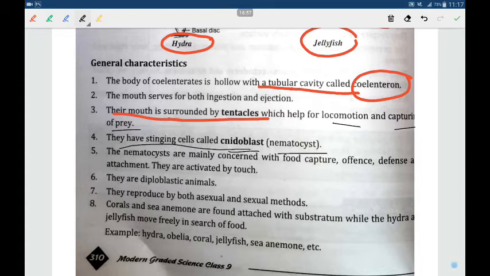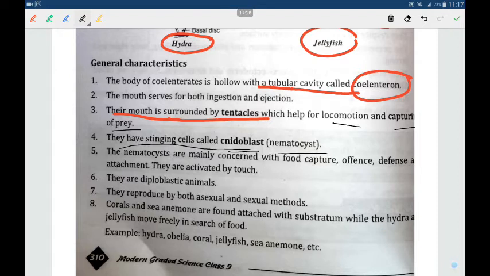Nematocysts are found only in Coelenterata, not in other organisms. So, tubular cavity coelenteron, mouth surrounded by tentacles, and stinging cells called cnidoblast or nematocyst.